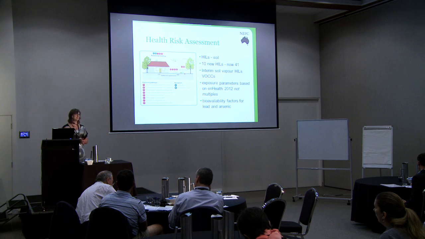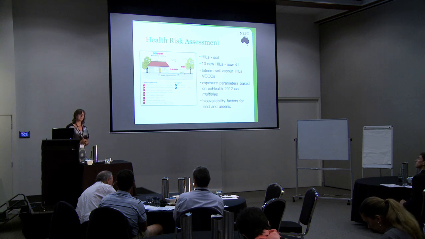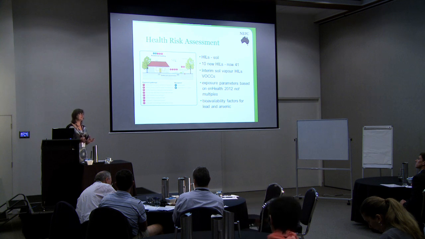In Schedule B2, there is a vapor assessment framework. It does stress that it should be a multiple lines of evidence approach to rule out vapor if you do have volatile chemicals present, particularly where you've got buildings on top of sources. Do you have to do it everywhere?